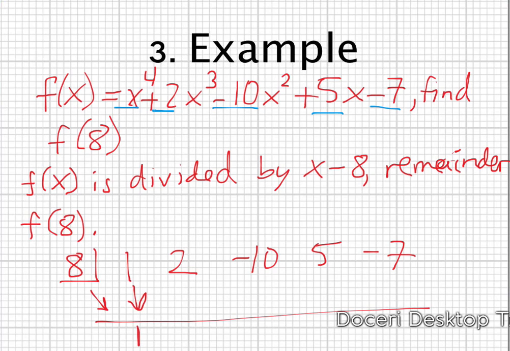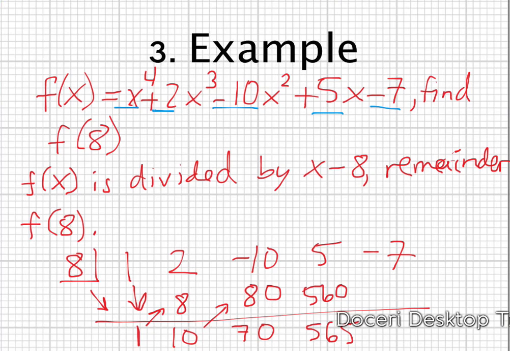Now I multiply the 8 by 1, that gives me 8, goes here. Now I add, that gives me 10. Then I multiply by 8, that gives me 80, goes here. Add again, I get 70. Multiply by 8, I get 560. I add, I get 565.